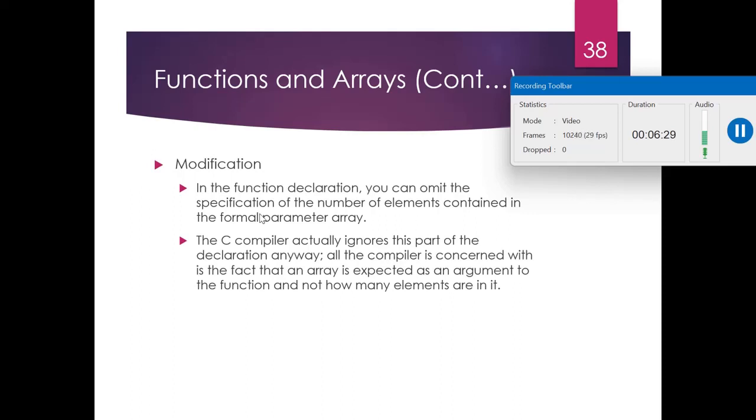All the compiler is concerned with is the fact that an array is expected as an argument to the function, and not how many elements are in it. Here specifying the number of elements is not mandatory.